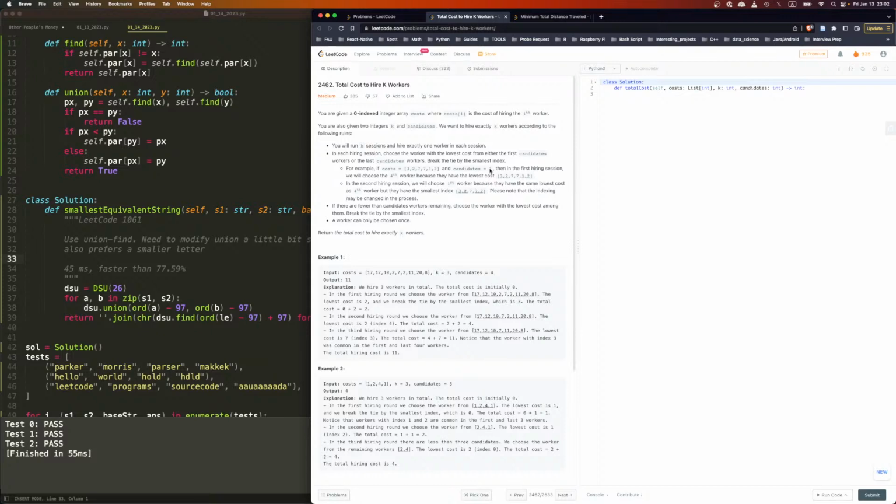We can only choose once, so we have to make sure when they start to overlap, it's okay. Before overlapping, it's fine. We just use 2 heaps.